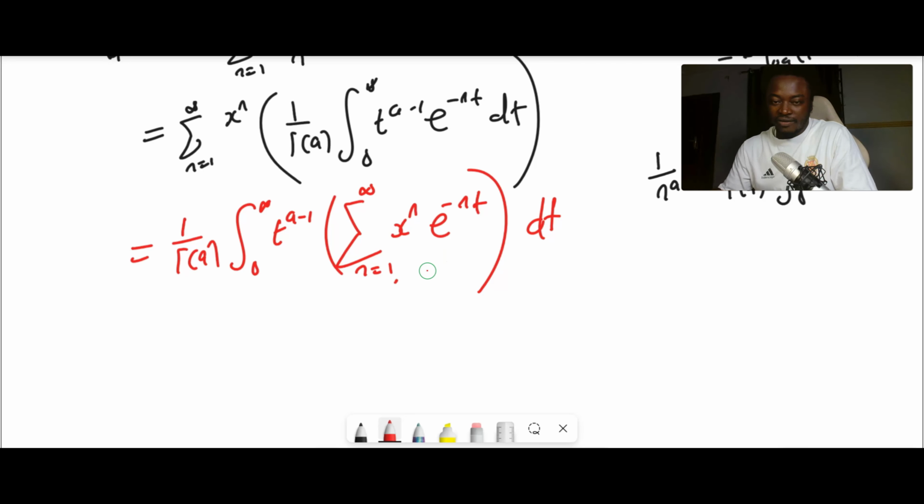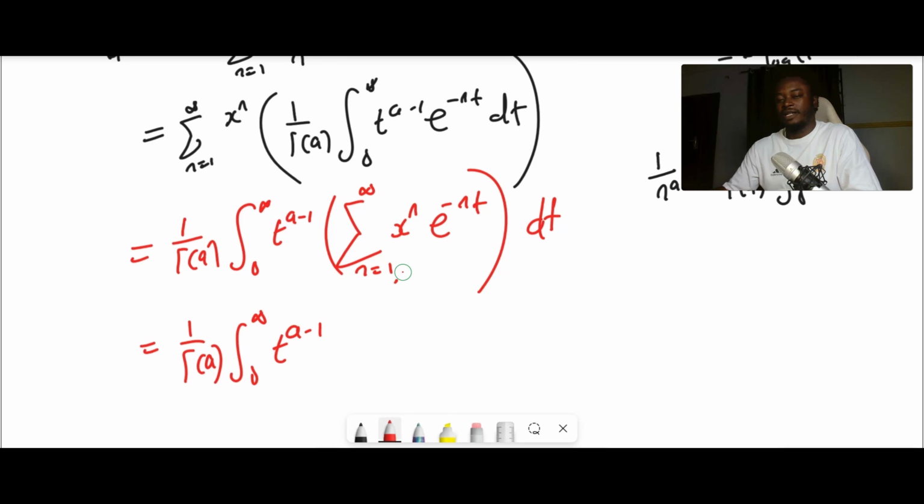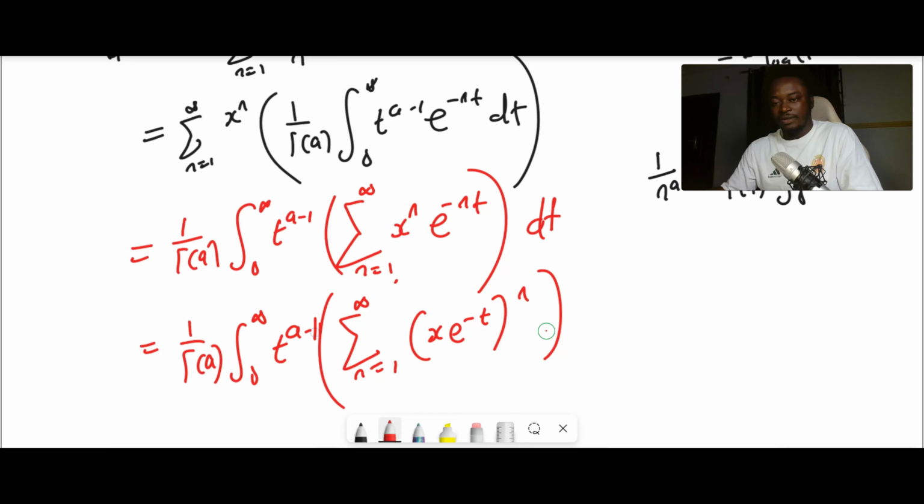Okay, now let's evaluate this sum first. So this would be 1 over gamma of a times the integral from 0 to infinity of t to the a minus 1. Now for the inner sum, we could just write this as the sum as n runs from 1 to infinity of x e to the negative t, to the n power, then dt. Now this reminds us of the geometric series, that the sum as n runs from 1 to infinity of x to the n is basically x over 1 minus x, whereby x is strictly less than 1.